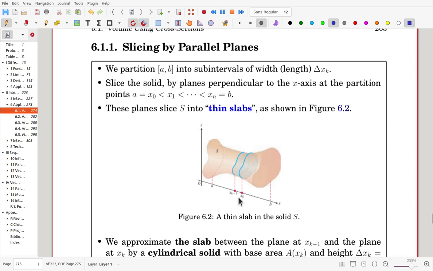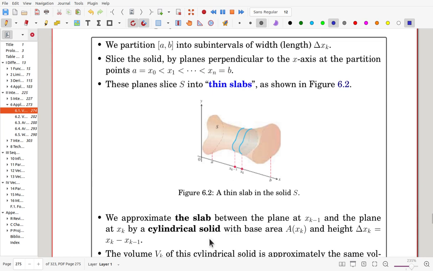Then for each subinterval of AB, you can get a thin slab. Now the slab can be approximated by a cylindrical solid. For example, you can take the area of the cross-section at xk, and consider a cylinder in the x direction.